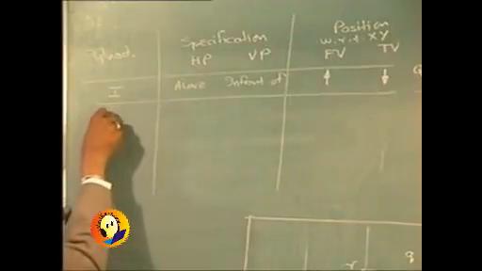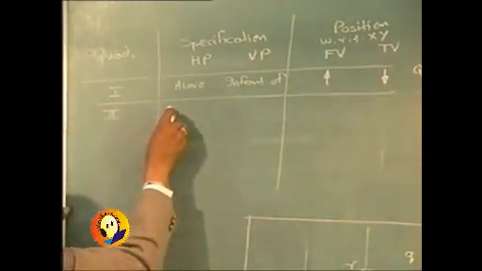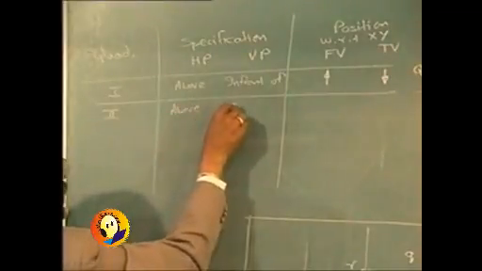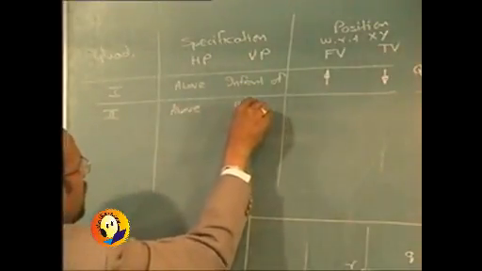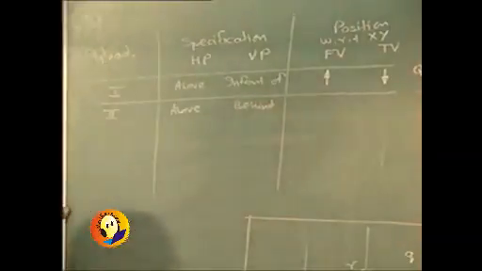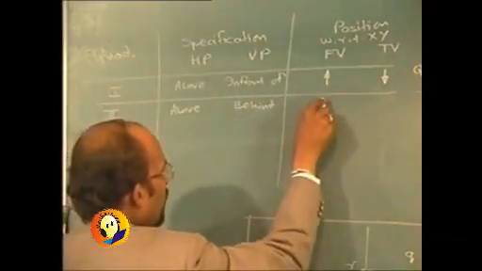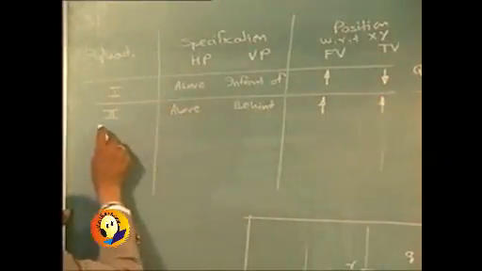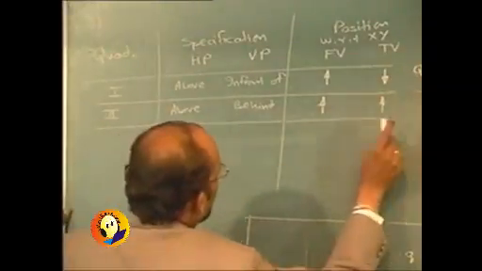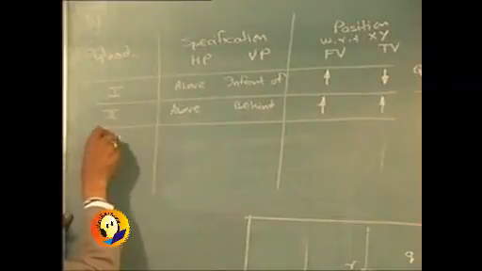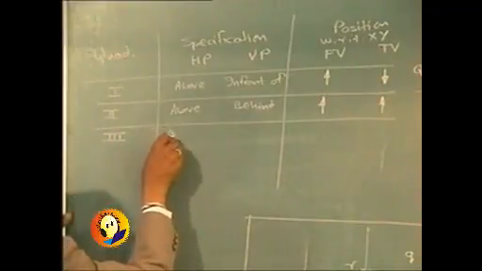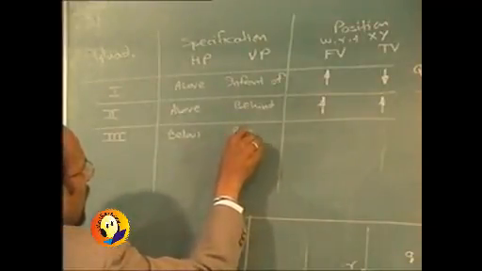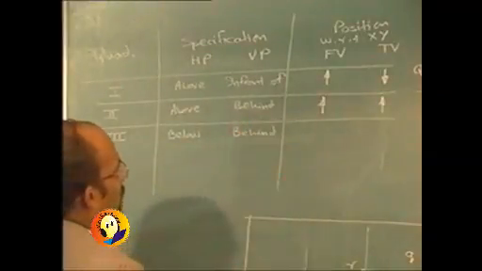Quadrant number 2 is the portion which is above horizontal plane but behind vertical plane, and so front view will be above XY and so is the top view. Quadrant 3, which is a portion below horizontal plane and behind vertical plane.